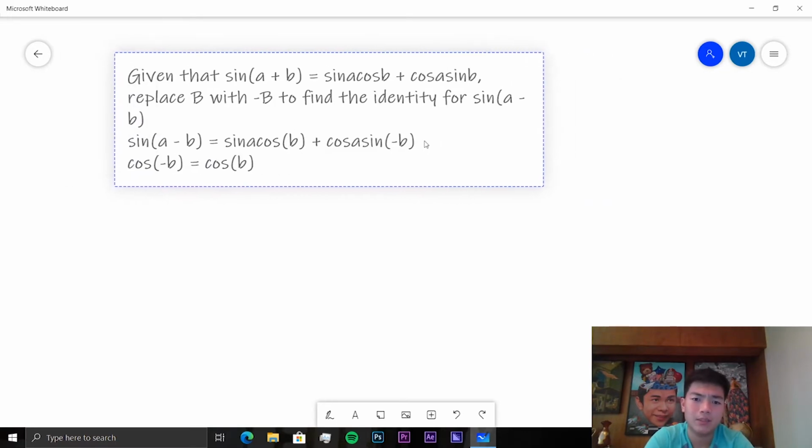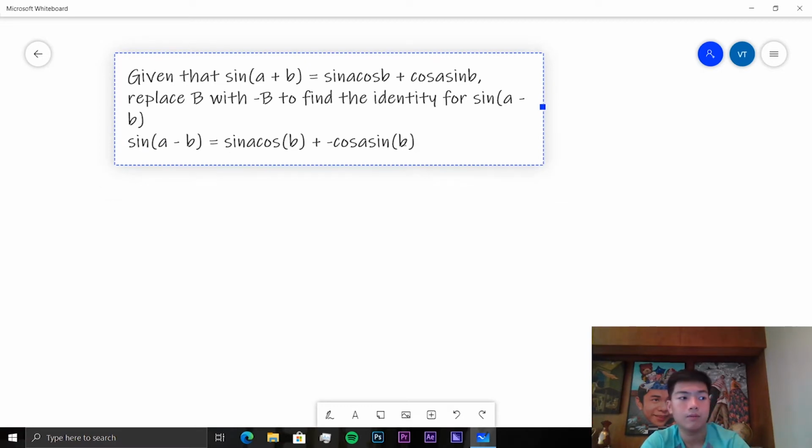What about sine minus b? Sine minus b will simply be equal to negative sine b, since the sine graph is an odd function. So we get sine a cosine b minus cosine a sine b. So that is the new identity.